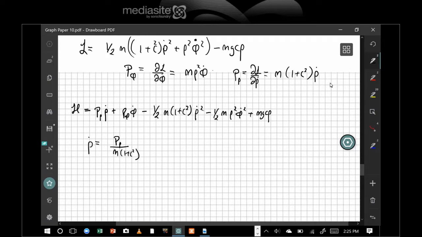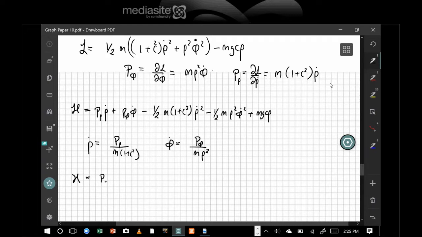And phi dot is going to be equal to p sub phi divided by m rho squared. Now remember, this p sub phi is a constant. So I'm going to take those two and put them into the Hamiltonian that I have above.